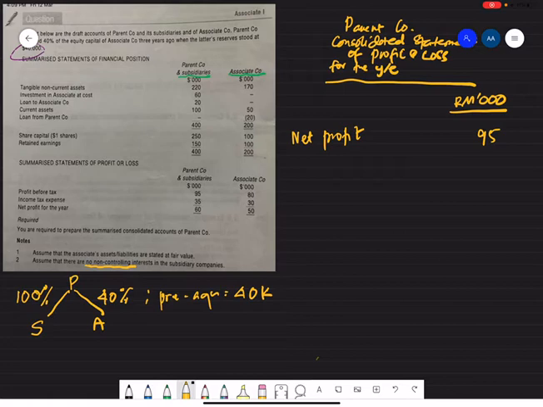And then only you take account of the share of profits of associate companies.